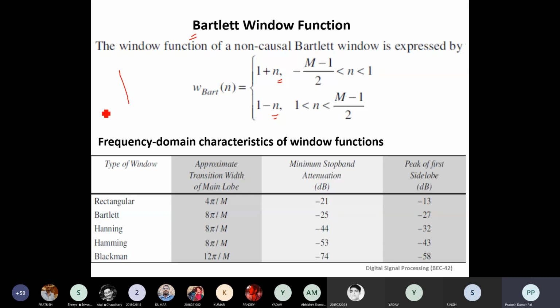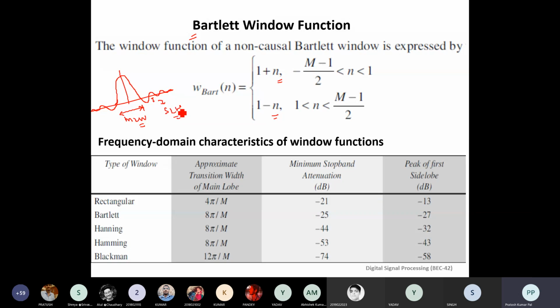The advantage is, if this is the frequency response, this is your main lobe width, and this height is the side lobe height. If this main lobe width is less, that means that window will be better.